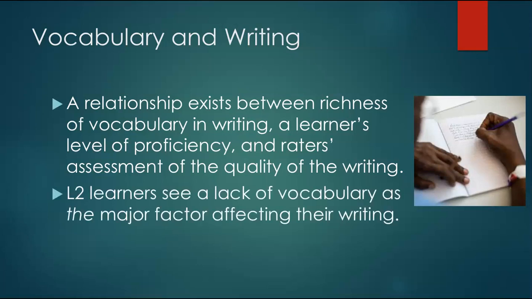It's also the case that our learners themselves see a lack of vocabulary as the major factor affecting their writing. They will often identify that as, "I just don't have the words to express what it is that I want to write."